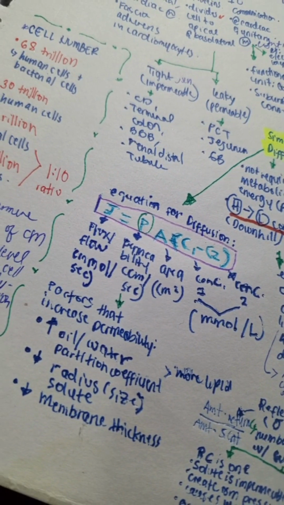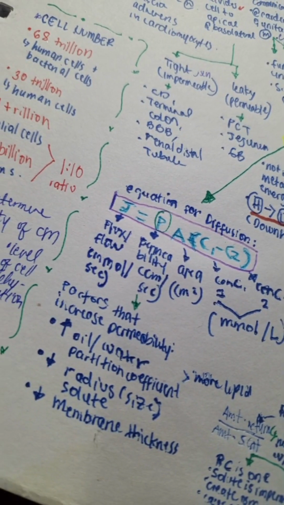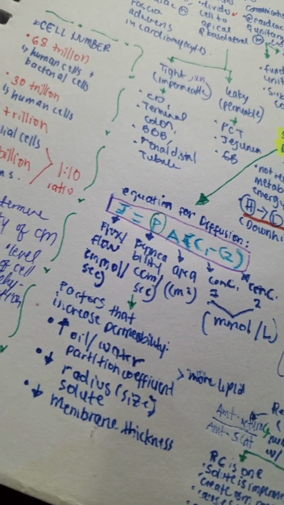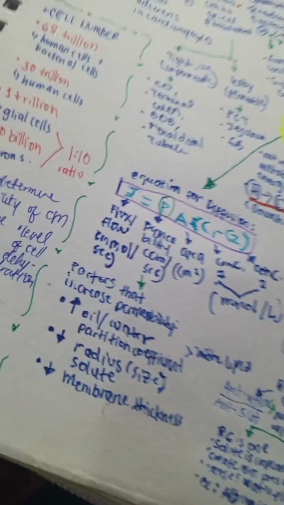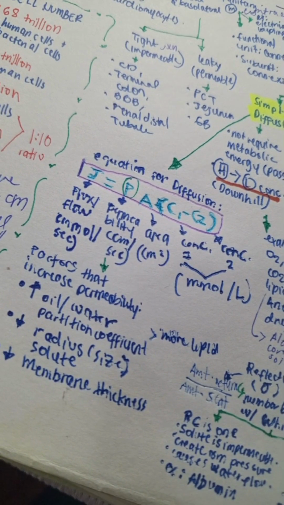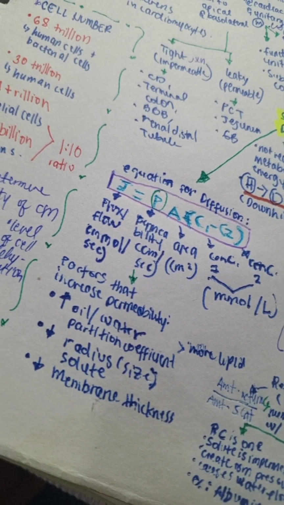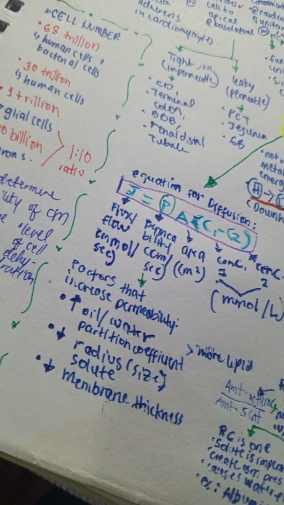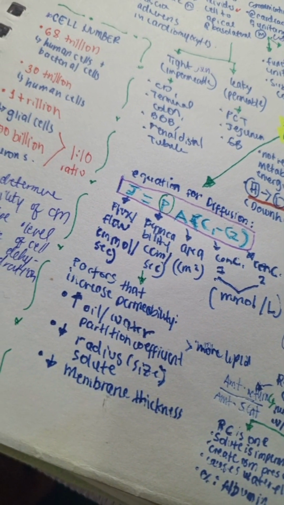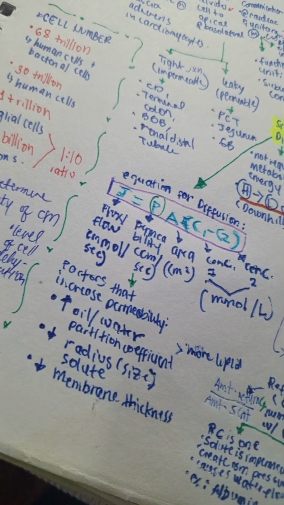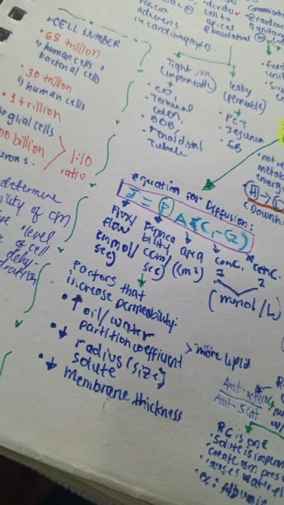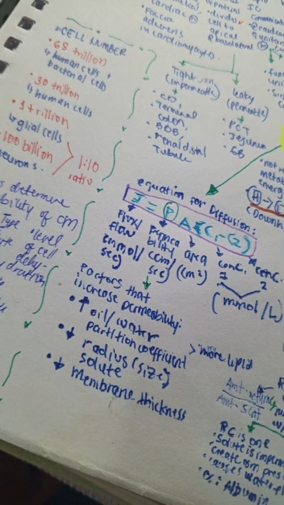And there are factors that increase the permeability of the membrane. The factors that increase the permeability include an increased oil-water partition coefficient.